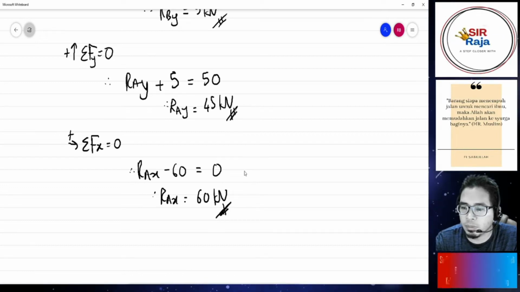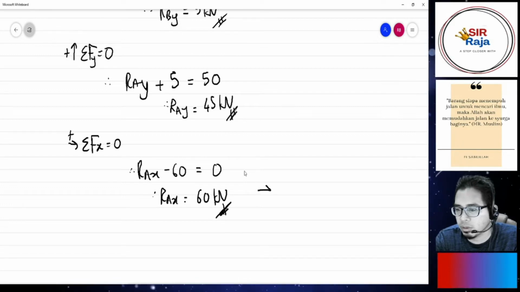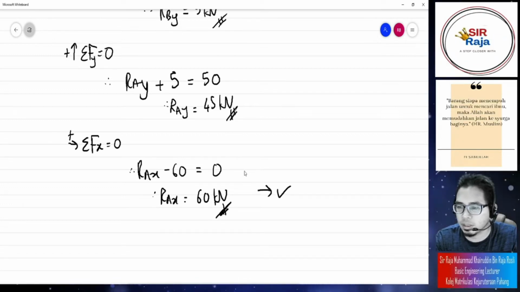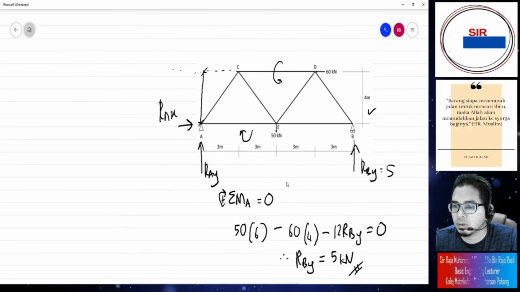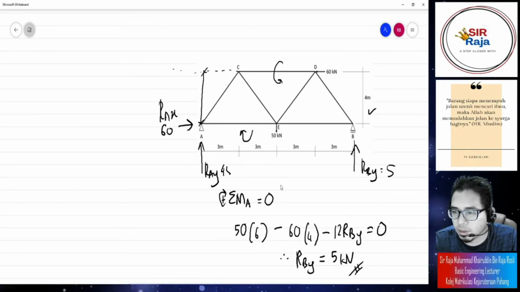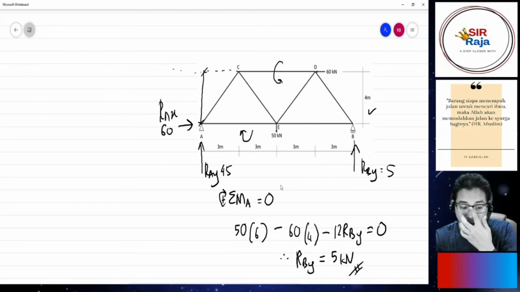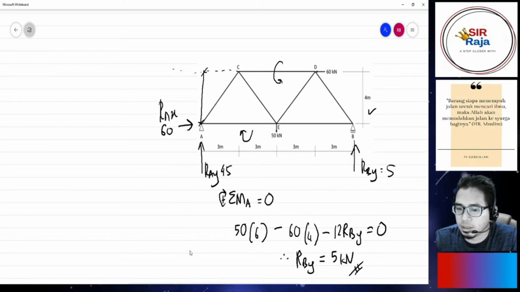When we get a positive answer, it means that the direction we assumed, to the right, is correct. So this is 60 kilonewton going here. I'm just going to label this up. So this is 60 and this is 45. Now we're done with our support reactions.